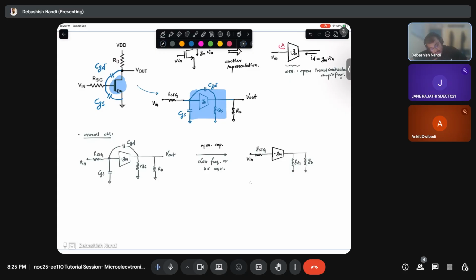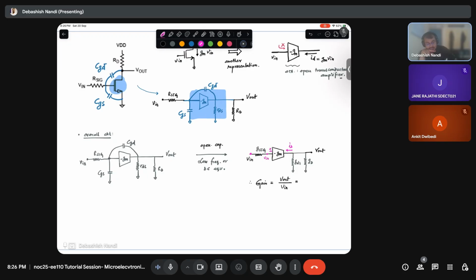Can you tell me what is the gain of this stage? What is V out by V in? In this case, this V in is appearing at this point because no current is going inside, right?